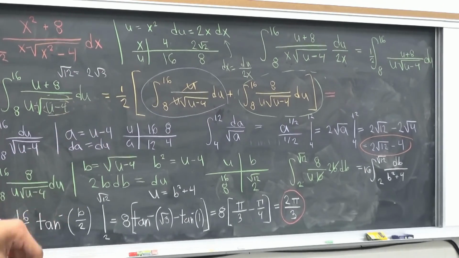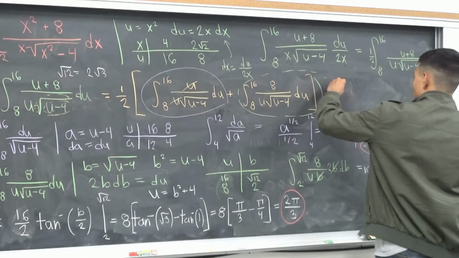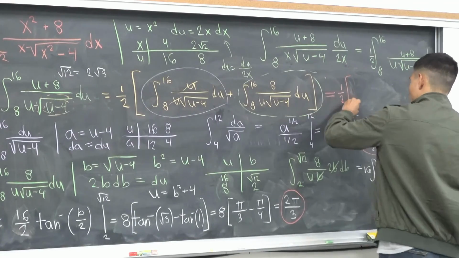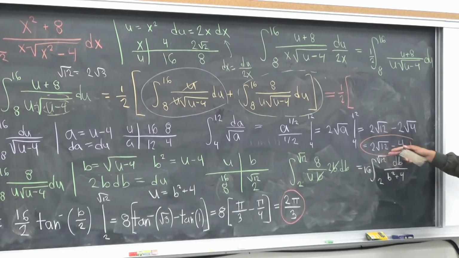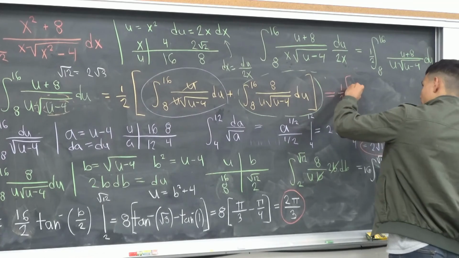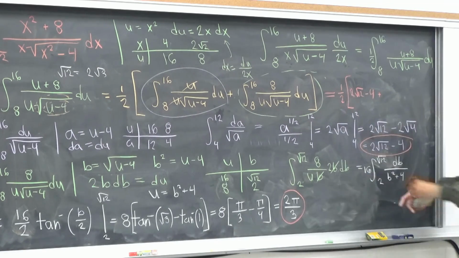Oh, okay. So I circled both of my little mini answers in red, and now I just have to combine them together. So in other words, we have 1/2. And these are addition, so we had 2 square root 12 minus 4 plus 2 pi over 3.